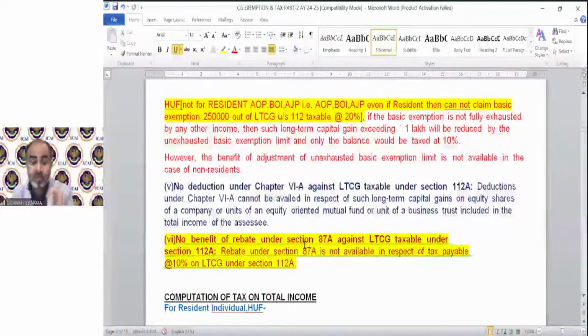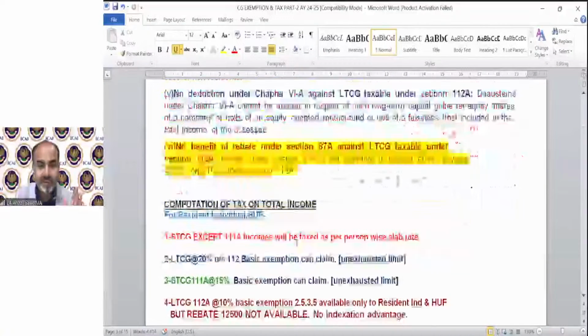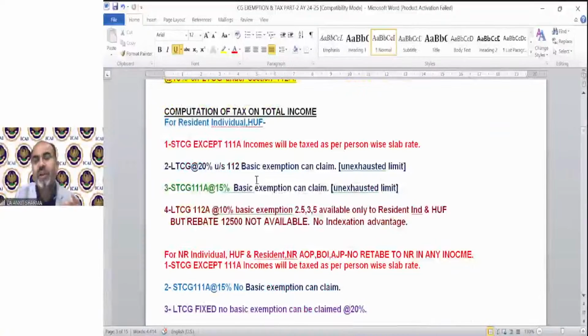The rebate benefit is available to all kinds of tax except section 112A. 112A capital gain cannot claim the rebate. So I have made a short note regarding it. Computation of tax on total income. Read carefully, only for individual and HUF who are resident.